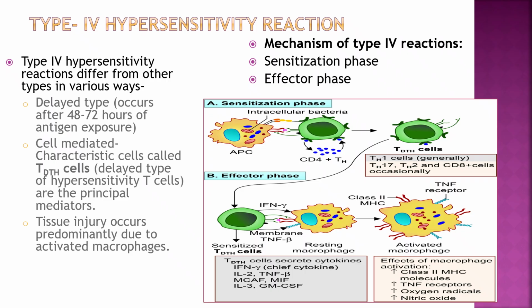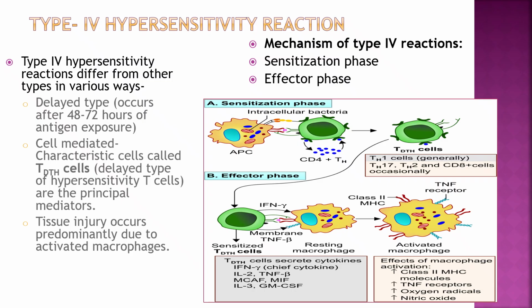In this diagram, you can see that in the sensitization phase there are APCs, antigen presenting cells, and intracellular bacteria. There is formation of CD4 plus T helper cells, which leads to activation of the TDTH cells, and they secrete TH1 cells.